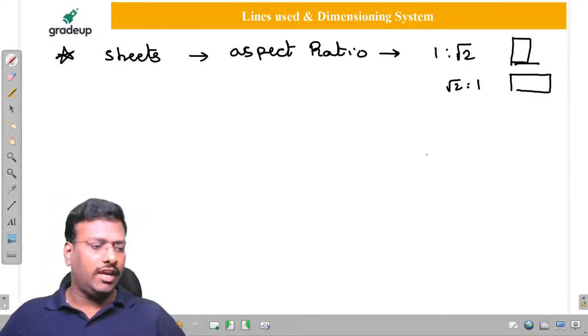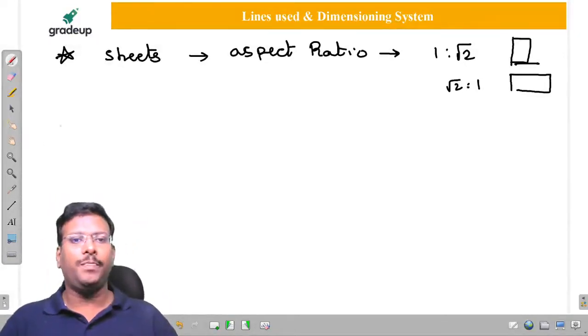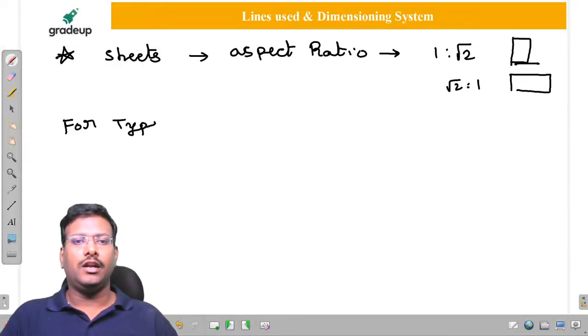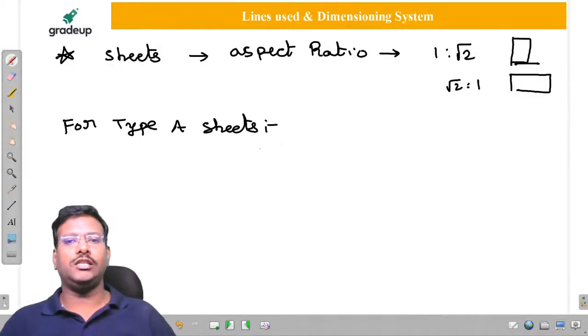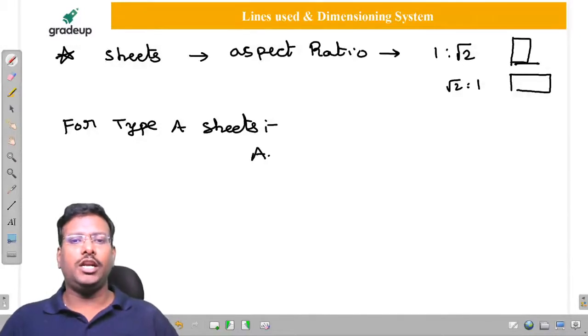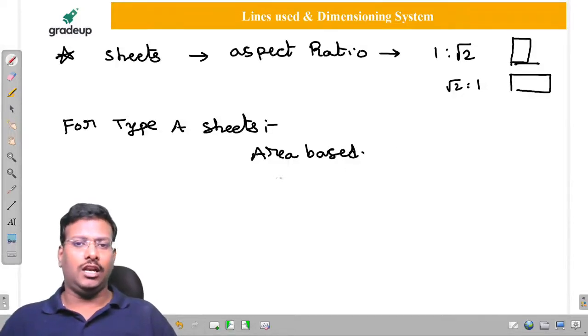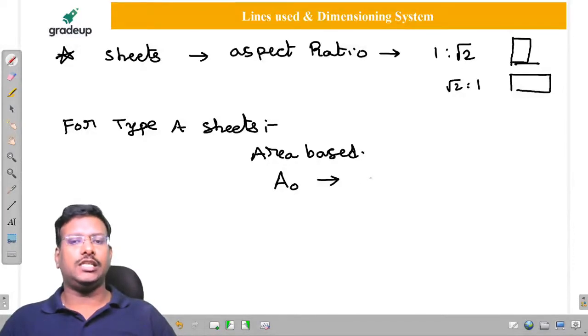Now, what are the various elements we have to remember for type A sheets? I am going to give brief information on this. This is based on area-based sheets. What is the largest size in the standard? A0 is considered the standard size.